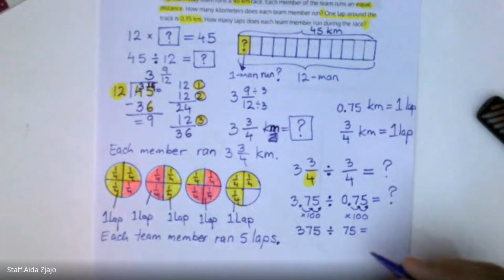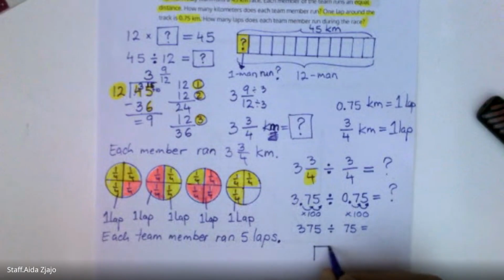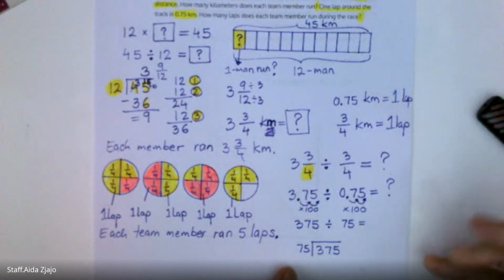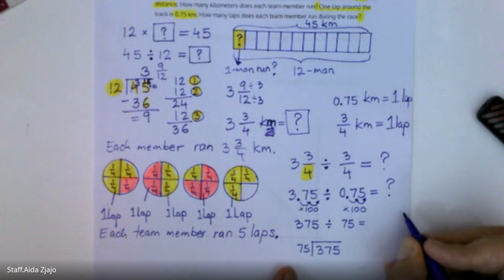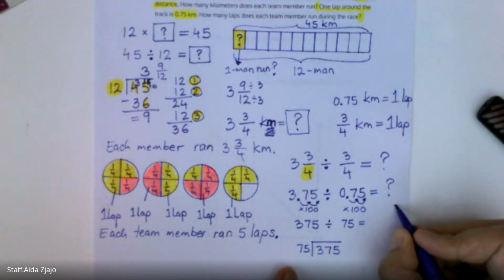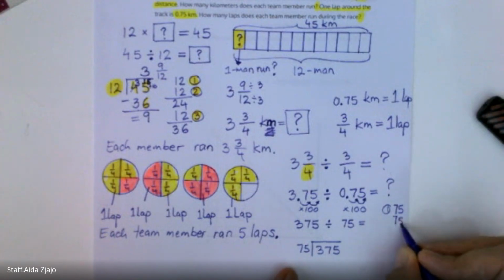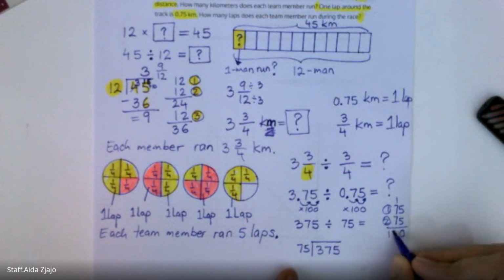So now let's do the standard algorithm. 75, 375. This is good to prove your answer. If I have 75 here, that's 1. Then if I have 75 again, that's 2. 5 plus 5 is 10. Remember 1, that's 150. I'm adding 75 again. That's 3.